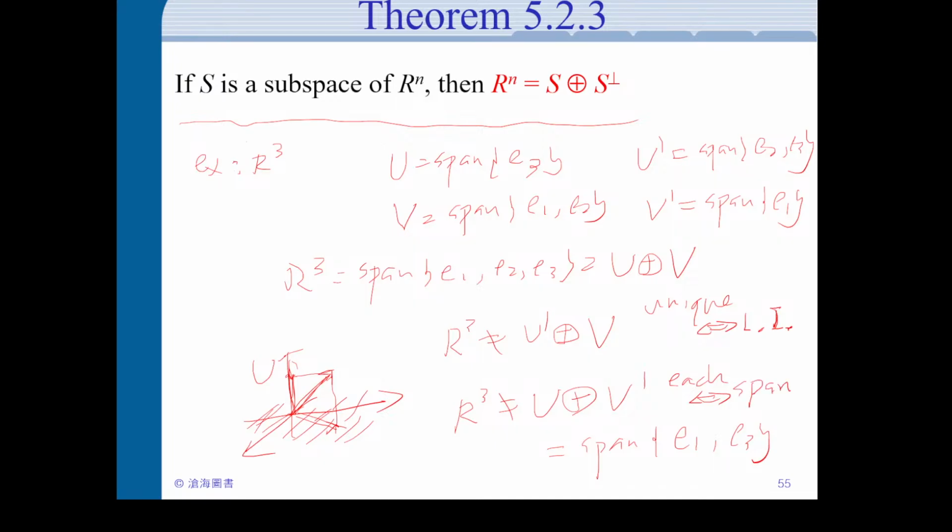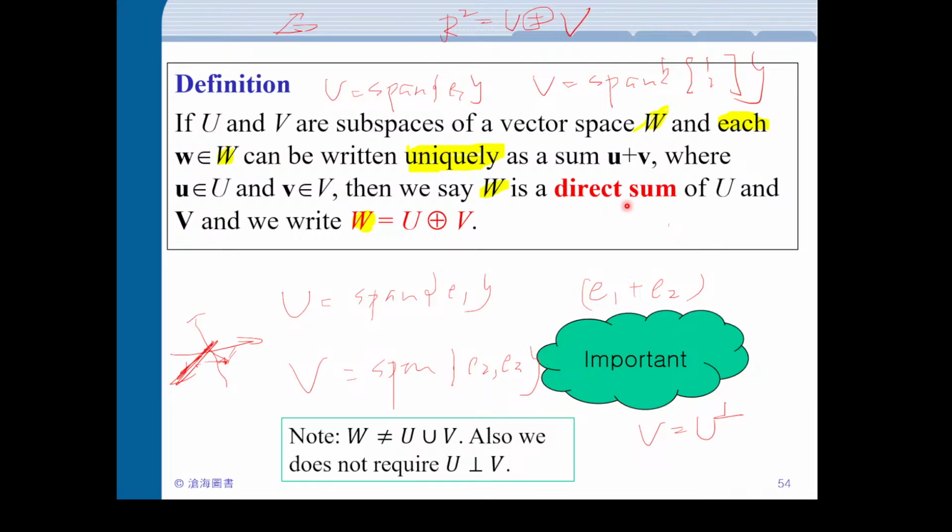So this "each" condition and this unique condition mean that the union of bases of these two spaces must be a basis of W. I think I spelled union wrong.